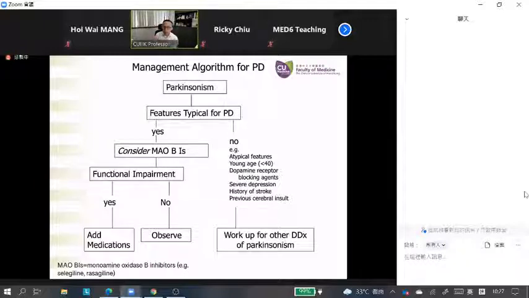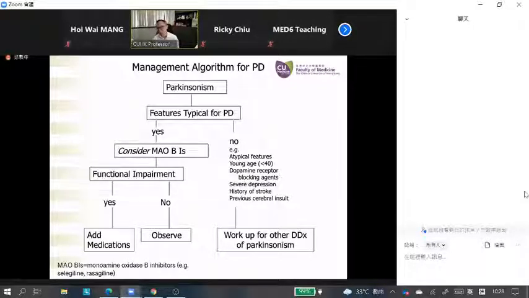So atypical features may include very young age, recurrent stroke, impaired vertical gaze, and severe autonomic dysfunction at the onset of the motor features. These are all atypical features.